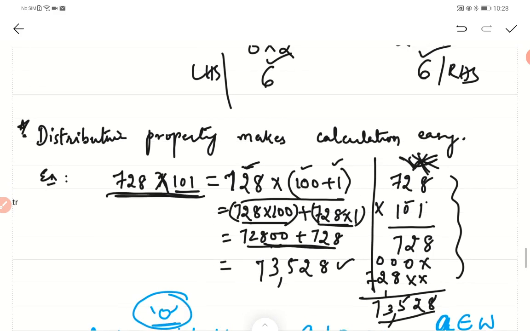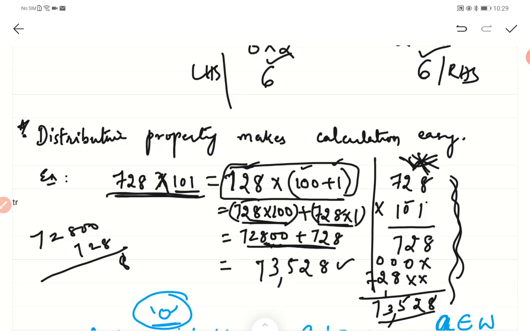Instead of going for a long lengthy multiplication, if you go directly like this, just by using the distributive property, you can simplify very easily in very little time. 72800 plus 728: 8, 2 7 7, 14, 15, 2, 3, 7.